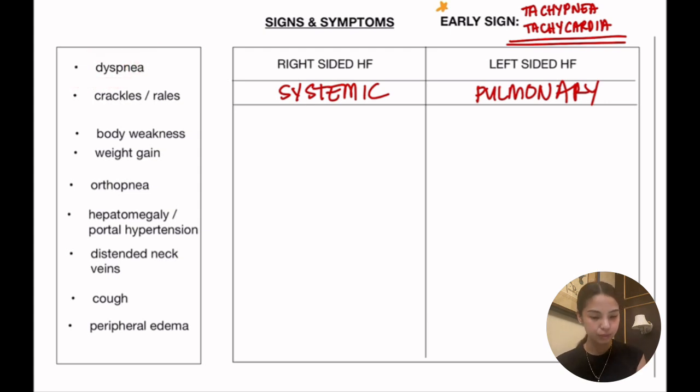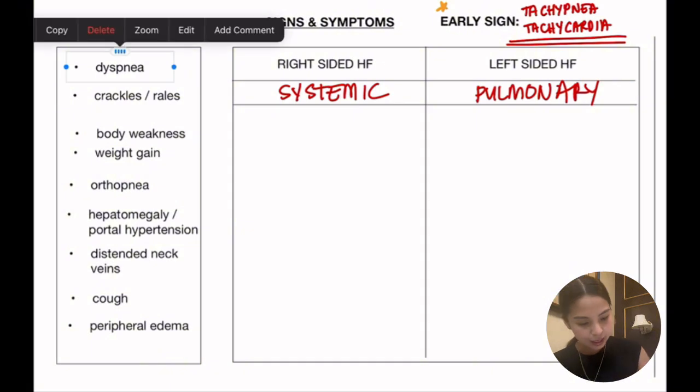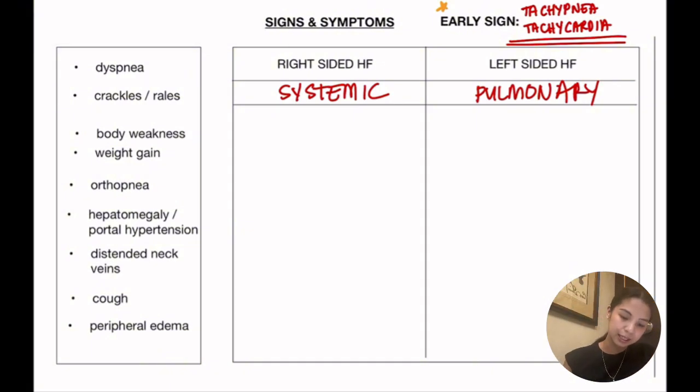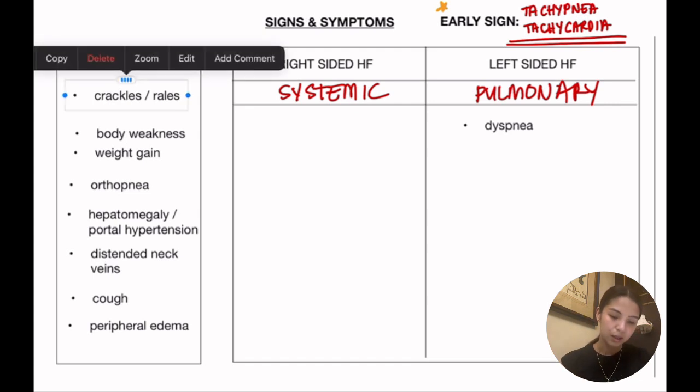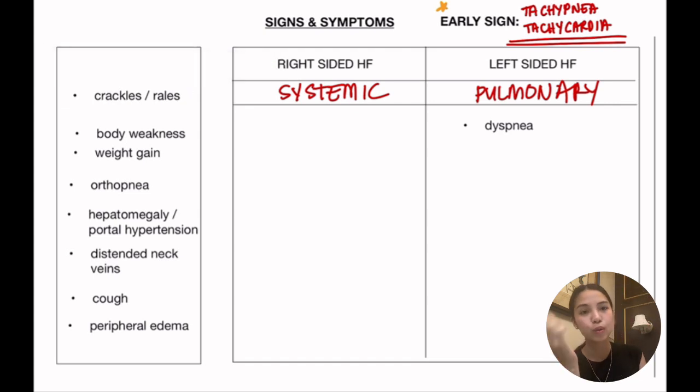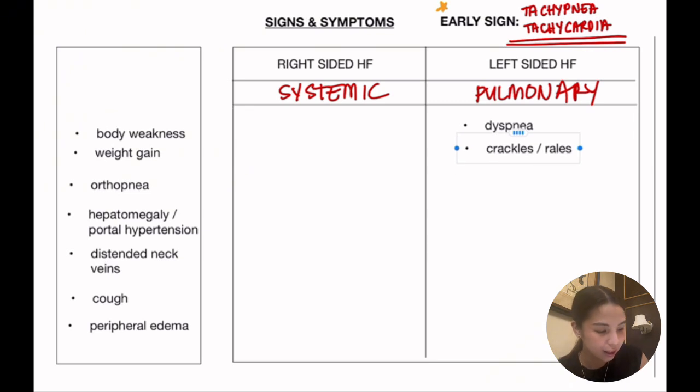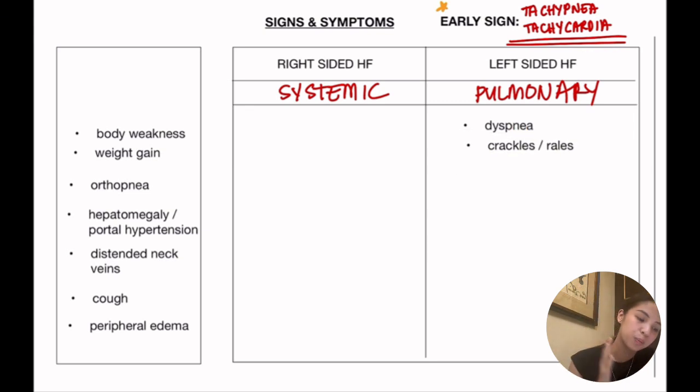Dyspnea. What is that? Is it pulmonary or systemic? Of course, it is pulmonary. Dyspnea is difficulty in breathing. Crackles or rales. You guys know what crackles or rales is? It is the sound that you hear when you auscultate the lungs when there is fluid, okay? So crackles and rales in the lungs, that is, again, pulmonary. Another, body weakness.